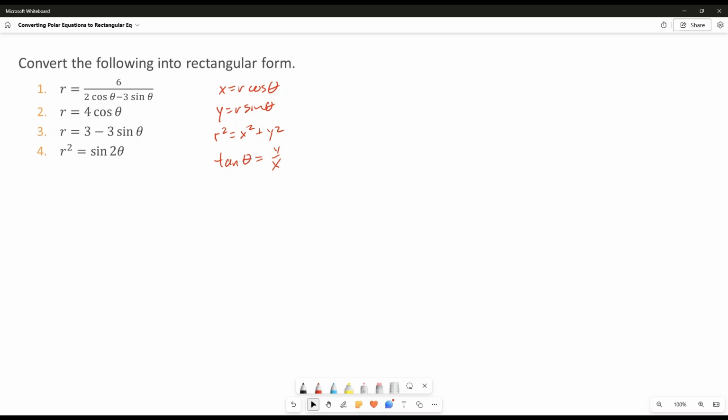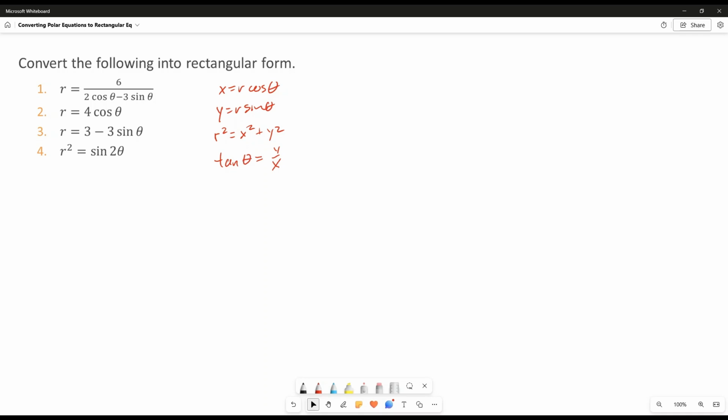So what we should observe first with all four of these examples is if there is a cosine theta or a sine theta expression within the equation, in order to convert cosine and sine to an x and a y, I need to also have an r with it.